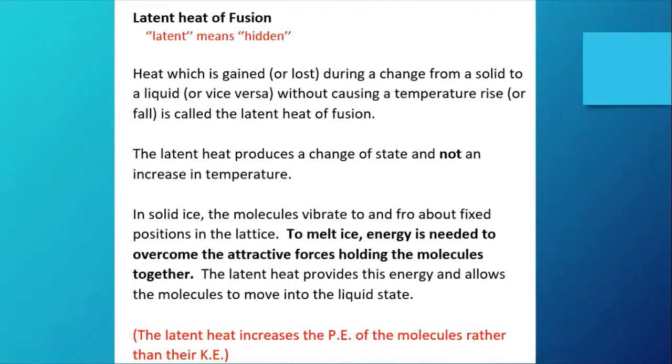The molecules vibrate to and fro about fixed positions in the lattice. To melt that ice, energy is needed to overcome the attractive forces holding the molecules together. The latent heat provides this energy and allows the molecules to move into the liquid state at the same temperature.